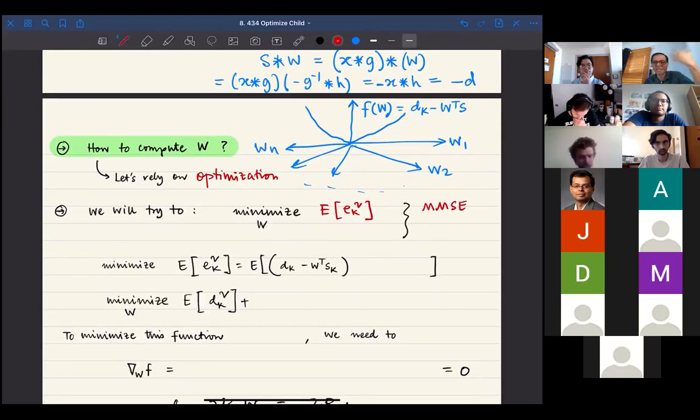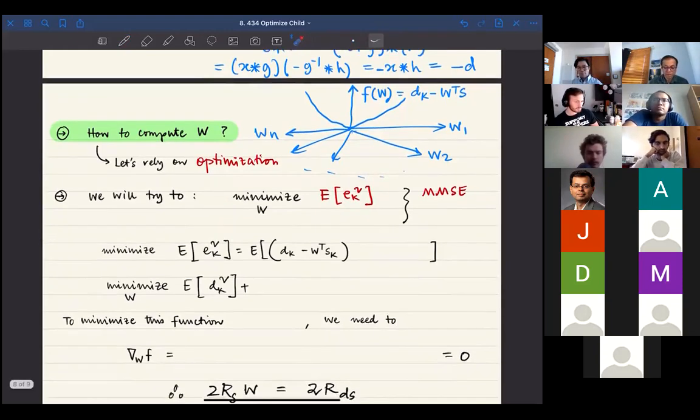We want to minimize this on average. Minimizing one instance is hard, because you have to change everything. You want this thing to be averaged over a number of samples. So you want to minimize the expectation of ek squared. Essentially, you want to find some W star in the domain of that function, and you don't know where the W star is. So you start from some point and you try to come to this W star point.